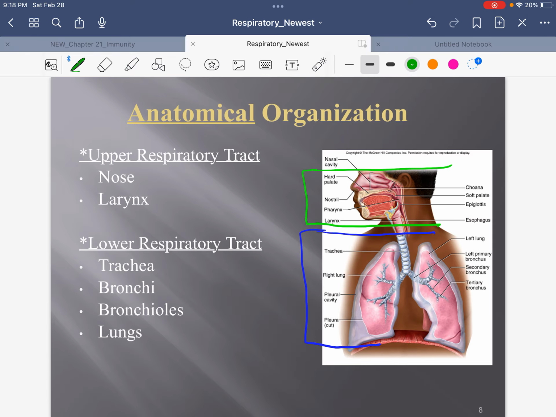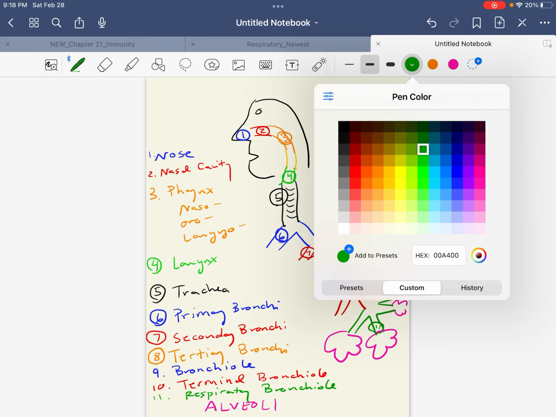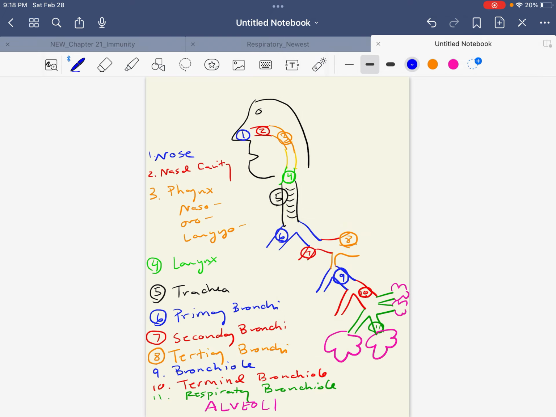Remember at the very beginning, we said that there's an anatomical designation, upper and lower respiratory tract. Let's go back to my terrible drawing. I'm going to use blue to show us upper versus lower. We remember the upper respiratory tract is nose, pharynx, down to, oh, I went too far, down to the larynx.